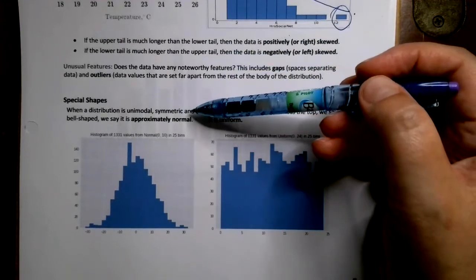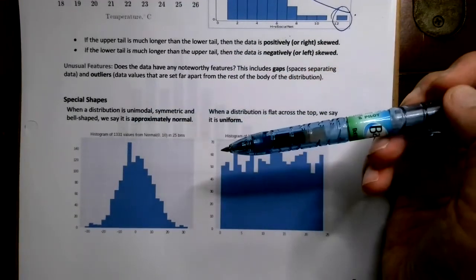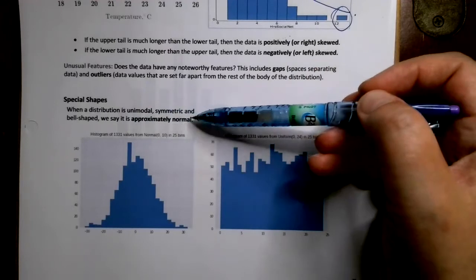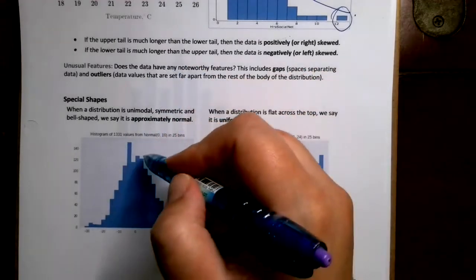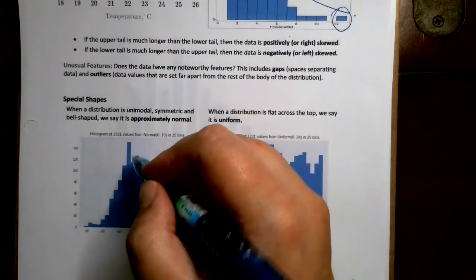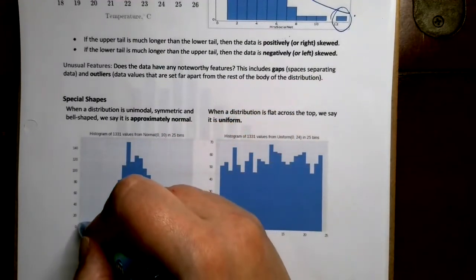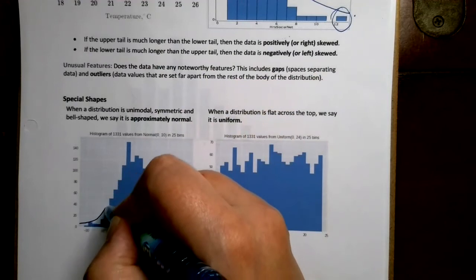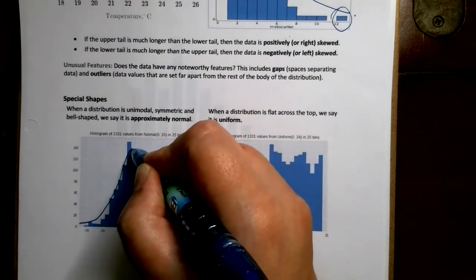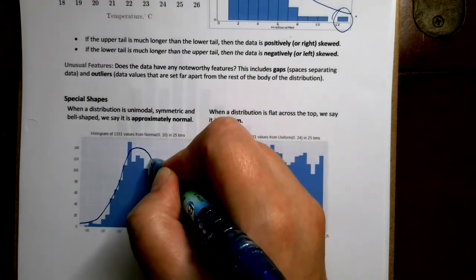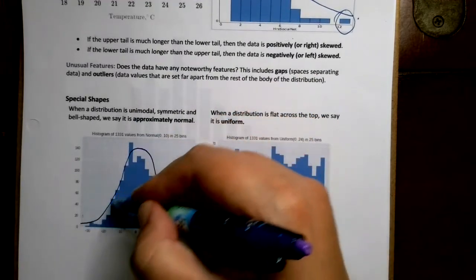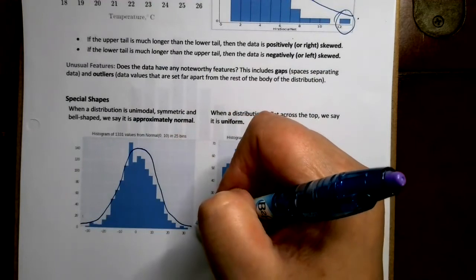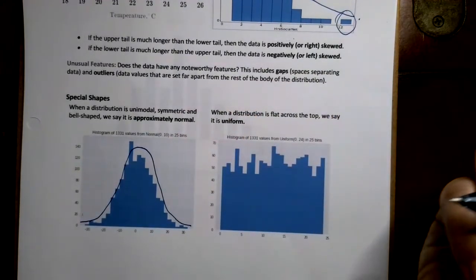It's symmetric and bell-shaped. So if we see a distribution like that, we're going to say it's approximately normal. Bell-shaped means the frequencies start low, then they peak around the center, and then they go low again, creating a bell shape. So this is a bell-shaped distribution.